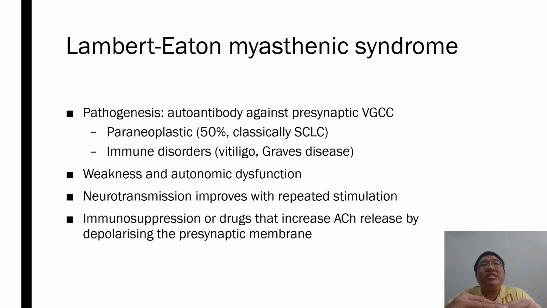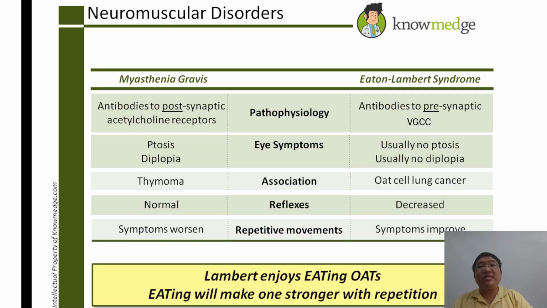So when acetylcholine is released to some amount, muscle contraction can take place. So this condition is improved after repeated stimulation, and the treatment is immunosuppression or drugs that increase acetylcholine release by depolarizing the presynaptic membrane. So this table summarizes these two conditions.